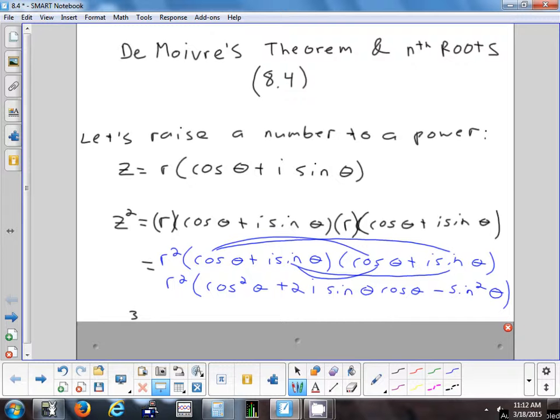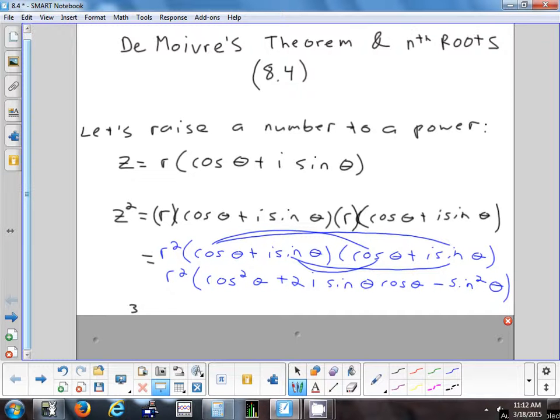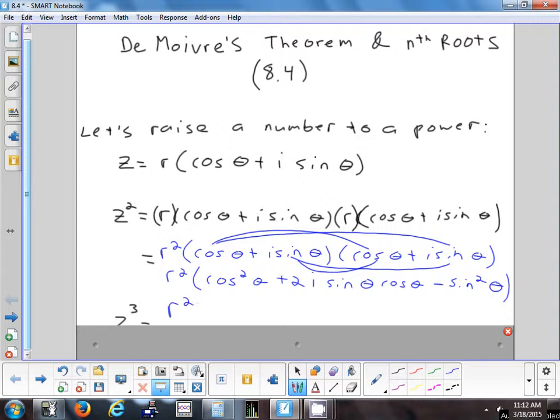That's pretty much it. I'm going to regroup it, and then from there we need to recognize 2 identities. I'm going to move minus sine squared next to cosine squared. So it's going to be cosine squared minus sine squared. And then I'm going to put this other part second.